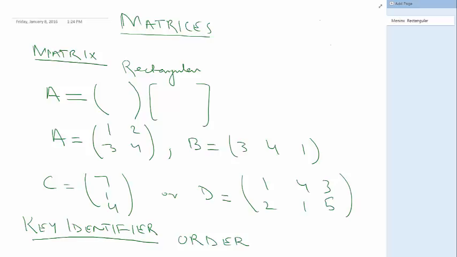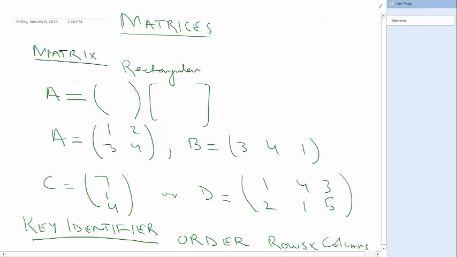So what is order? The order represents the dimensions of a matrix, and we represent order by rows cross columns. So the dimensions are basically the rows and the columns of a matrix.